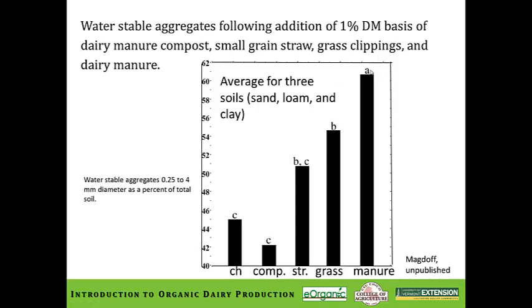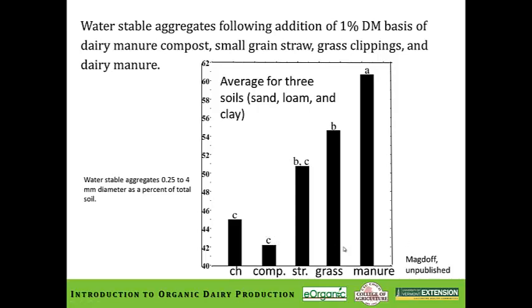You can see through the application of dairy manure, the level of water-stable aggregates was by far greater than any of the other amendments. So adding an amendment like dairy cattle manure can increase aggregate stability, but you can see in this example, maybe adding compost or straw or even fresh grass clippings, you would not see as significant of an effect.